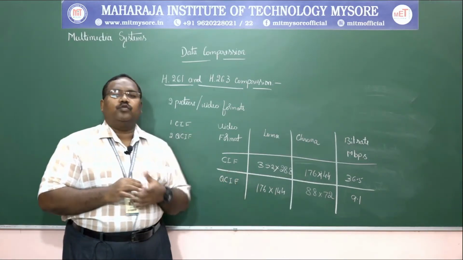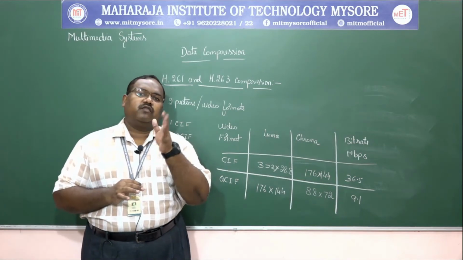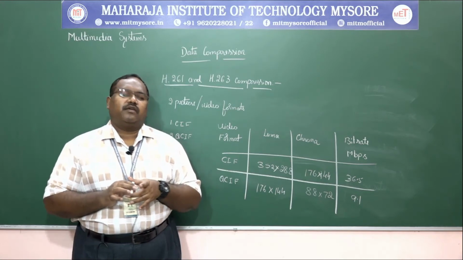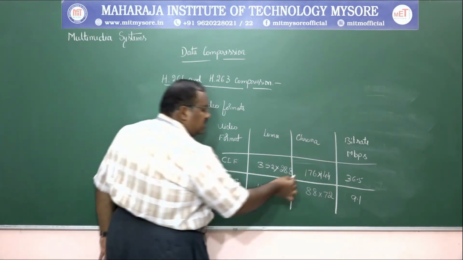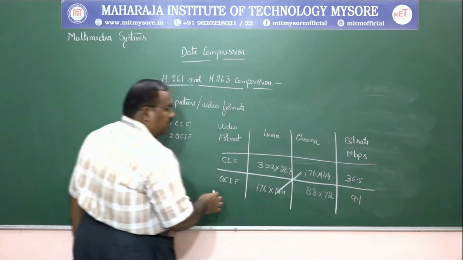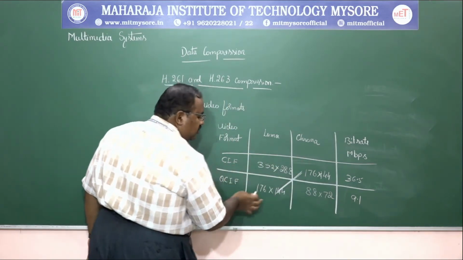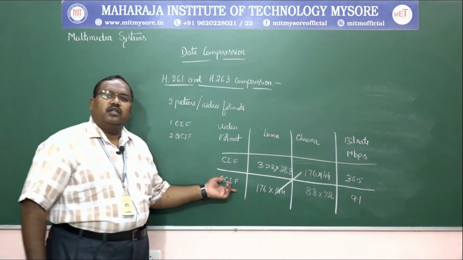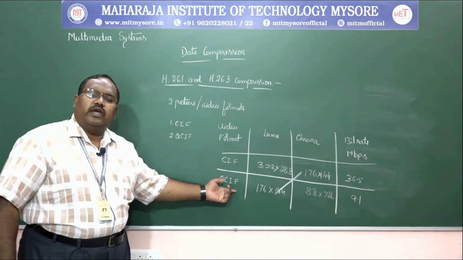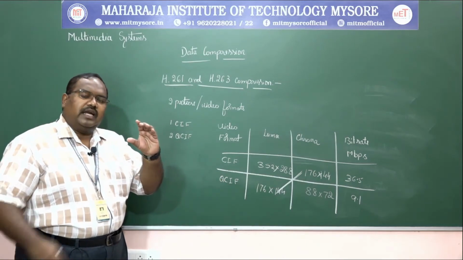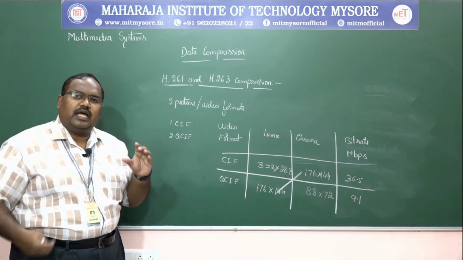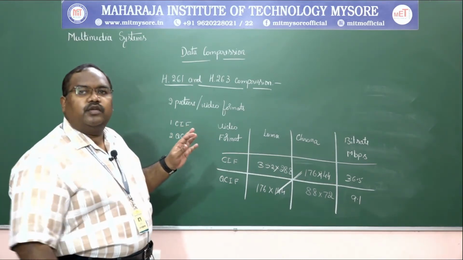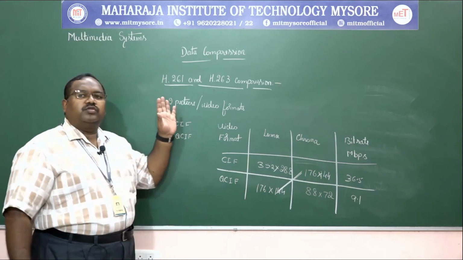QCIF has a luminance of 176 into 144 and a chrominance of 88 into 72. Look at this, there is a similarity between these two. The chrominance of CIF and the luminance of QCIF are similar because QCIF is quarter CIF, where you take the quarter portion of it. This is the primary intention to understand H.261 and H.263.